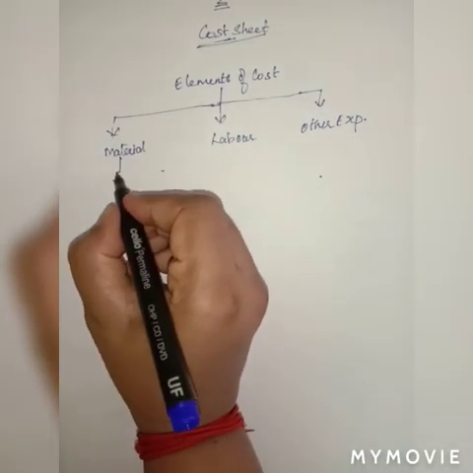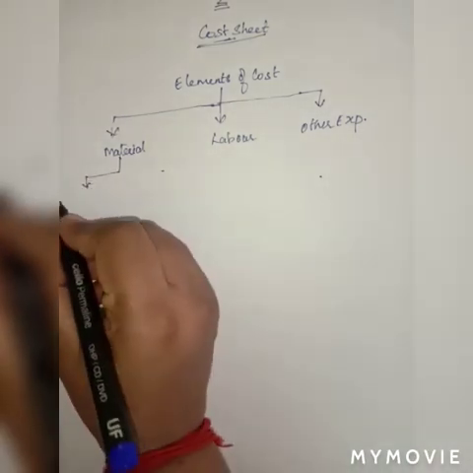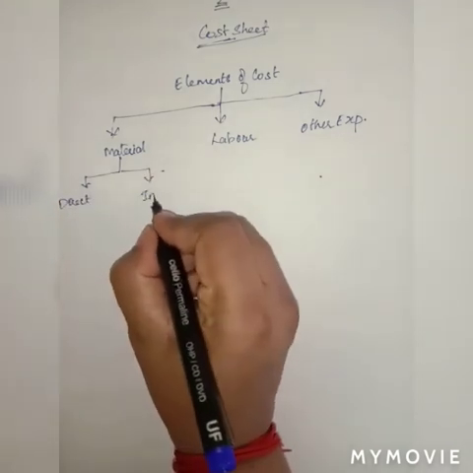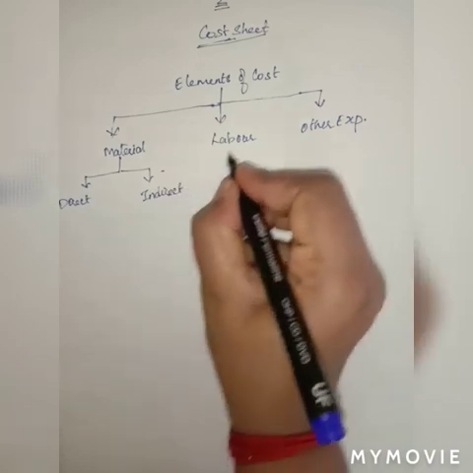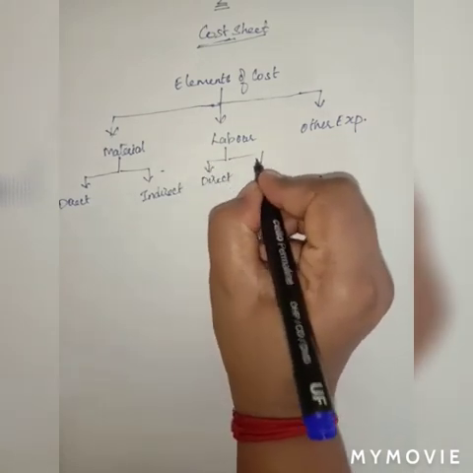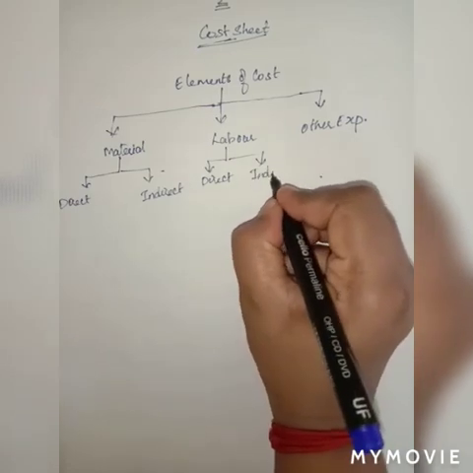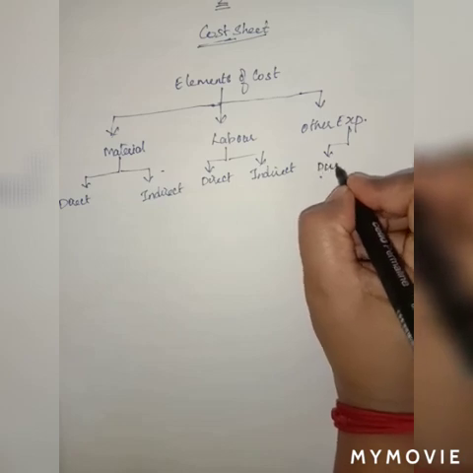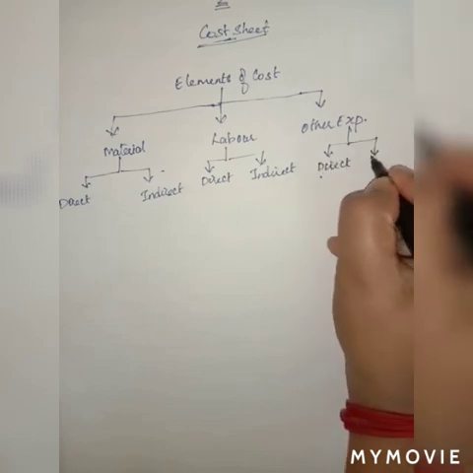Now again, this material can be divided into direct and indirect. Likewise, labor can also be divided into direct and indirect. And other expenses again direct and indirect.